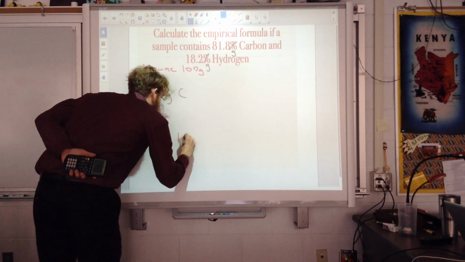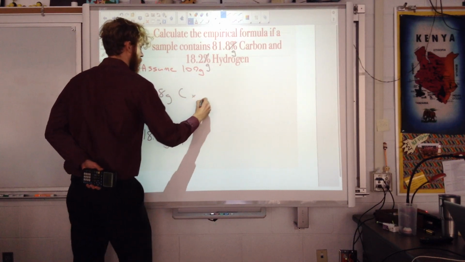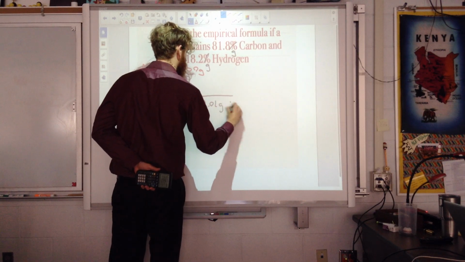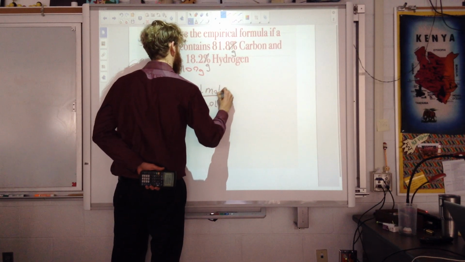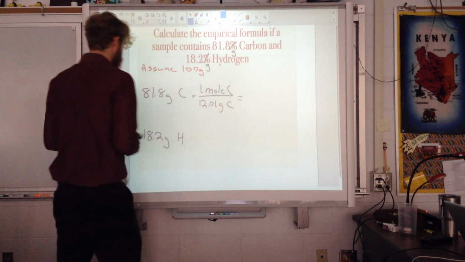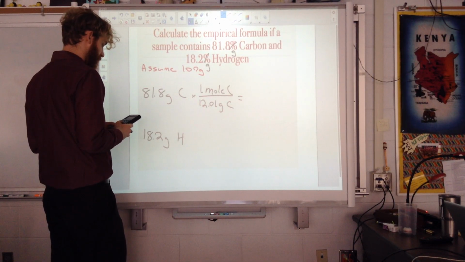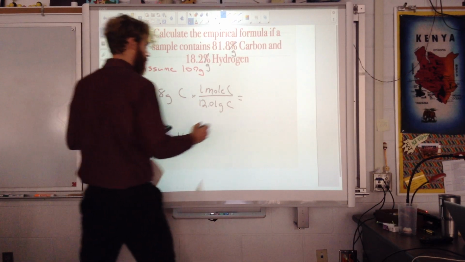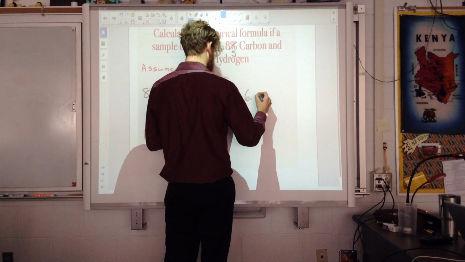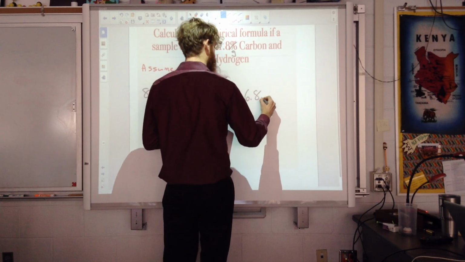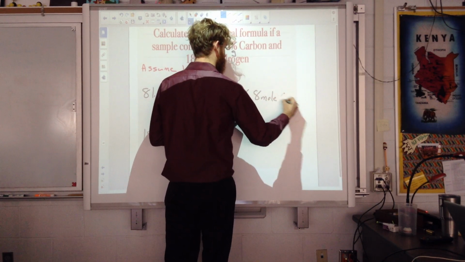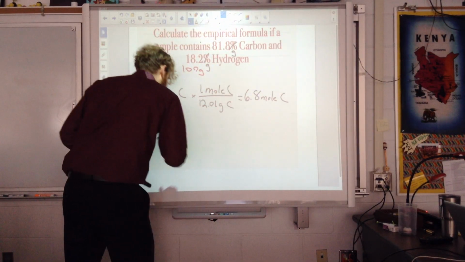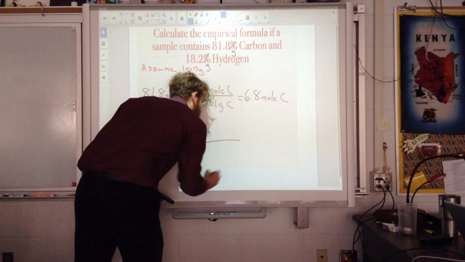So then we are given 81.8 grams of carbon and 18.2 grams of hydrogen. We've got to get to moles first. So 12.01 grams of carbon gives us 1 mole of carbon. 81.8 divided by 12.01 gives us 6.8 moles C. Then we have 18.2 grams of hydrogen.